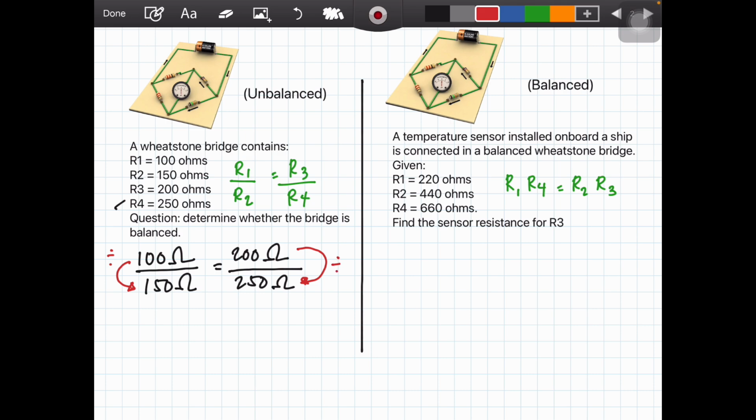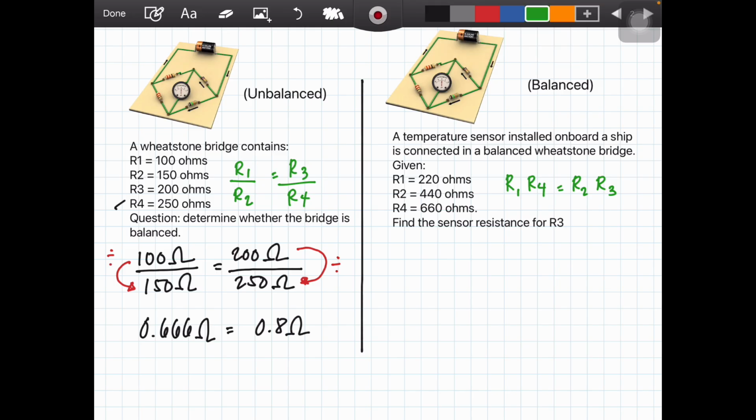Now, 100 ohms divided by 150 ohms, you get 0.666, that's 0.67 if you round it off. 200 ohms divided by 250 ohms, you get 0.8. From that equation, you can see they are not balanced.